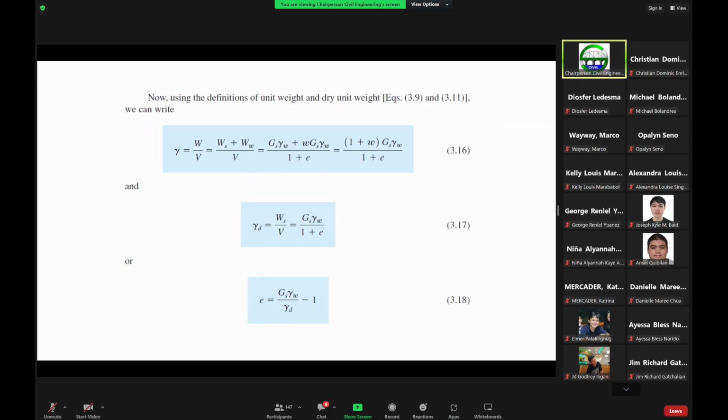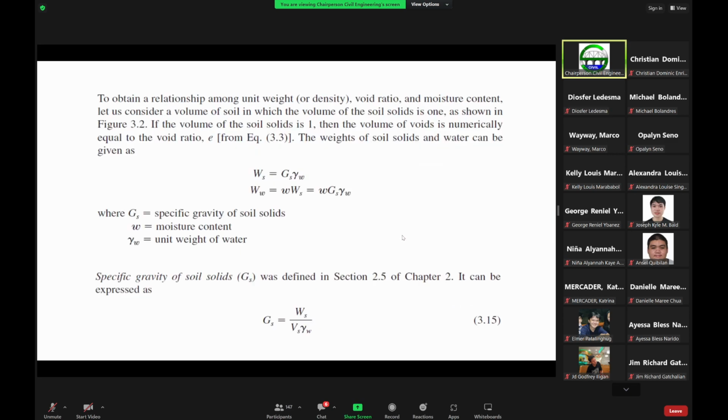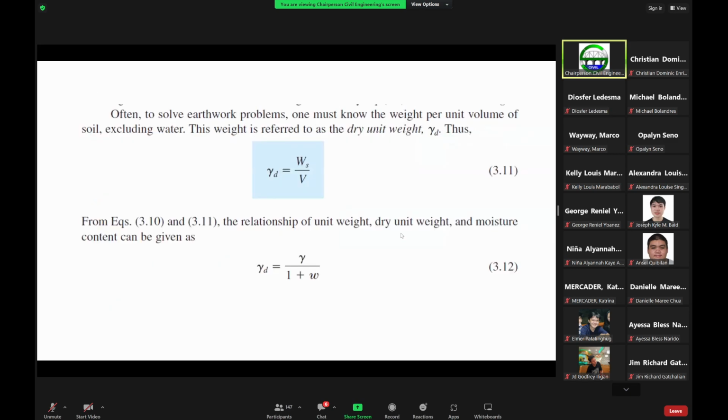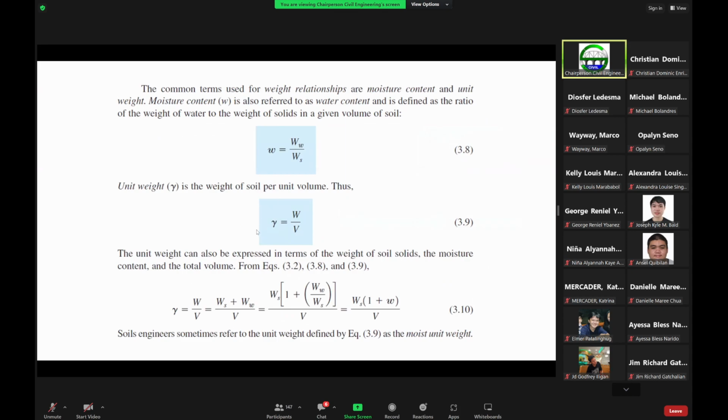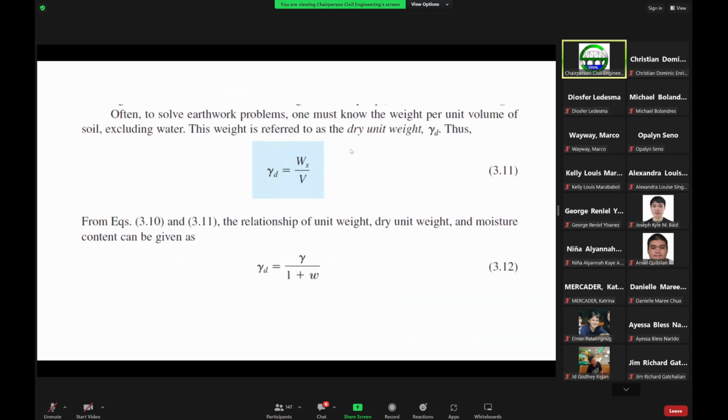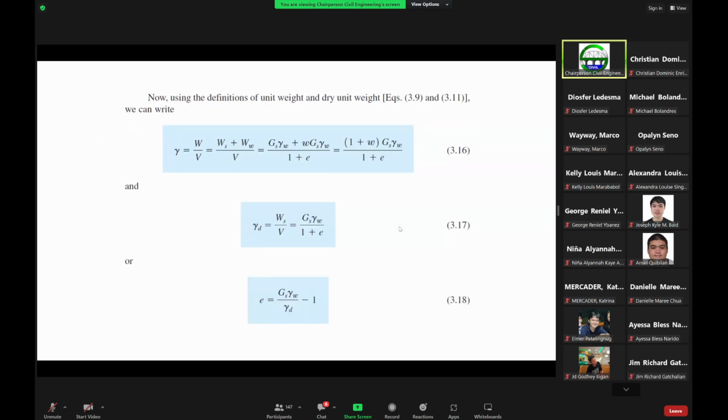So, using the definitions now for the unit weight and the dry unit weights in equations 3.9 and 3.11, where's that one? So let's go back. That's 3.9 and 3.11. Okay, so go back here.